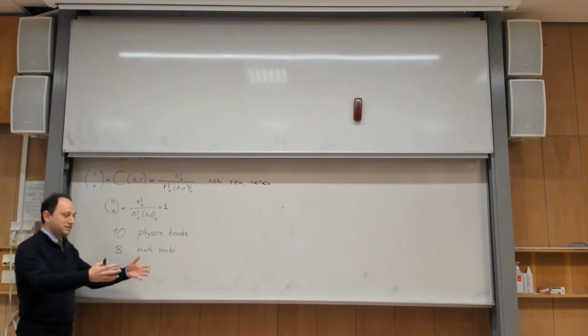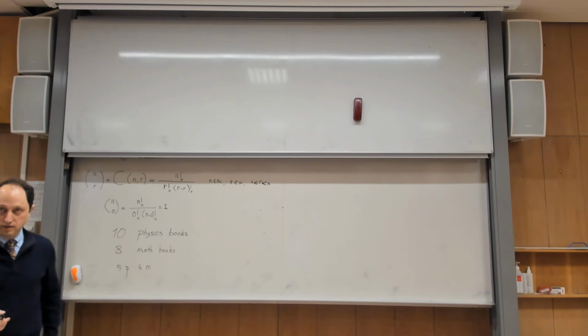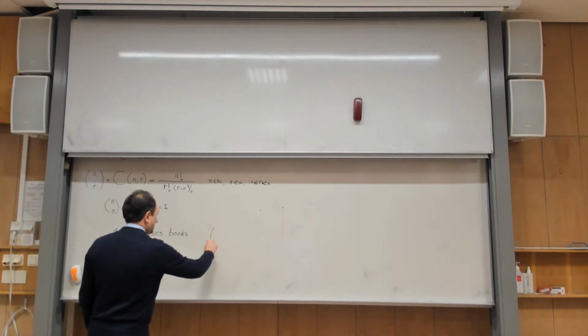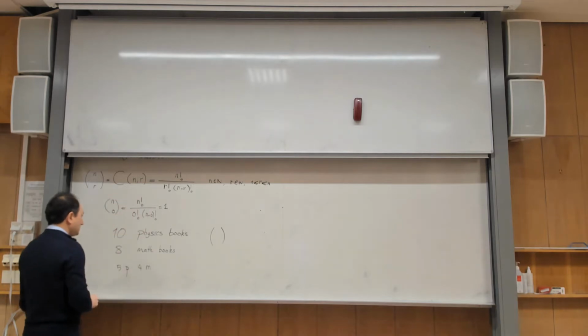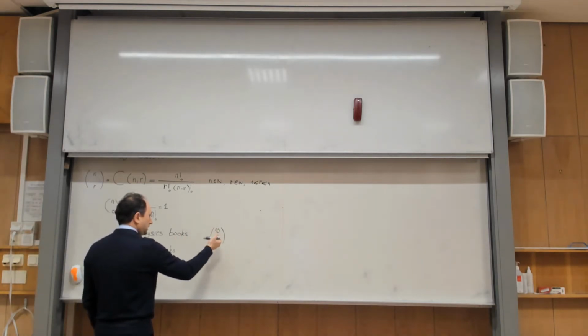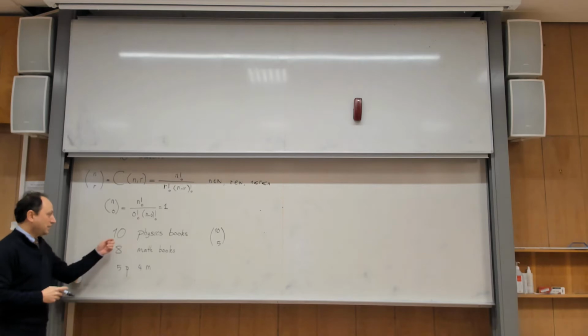Choose means that I can take them and have them in my hand, I haven't arranged them yet, yes? If I write it as a combination, it would be 10 choose 5. This means that now I have decided which books from the physics group I want to take.